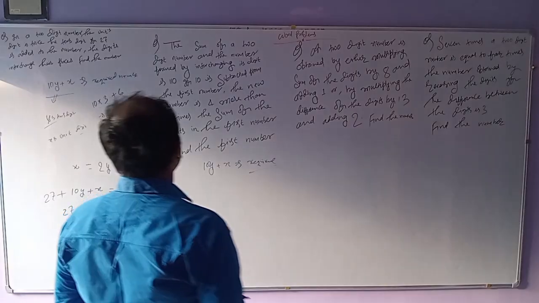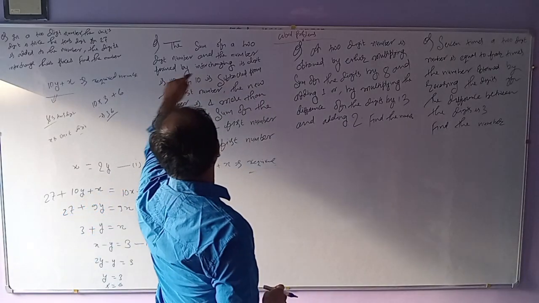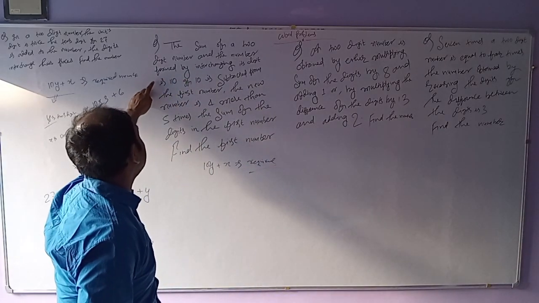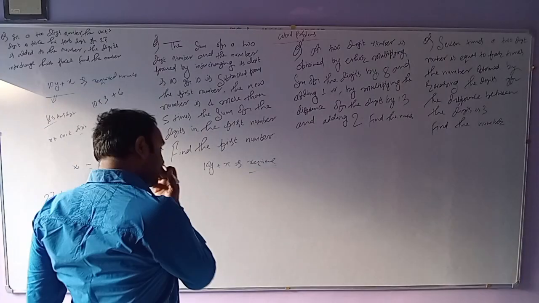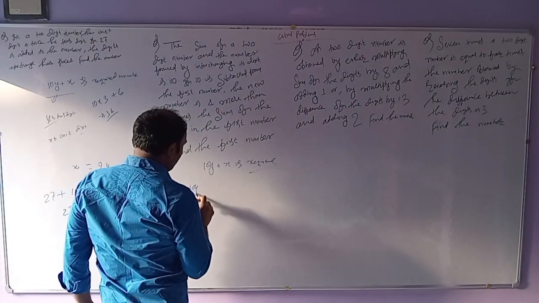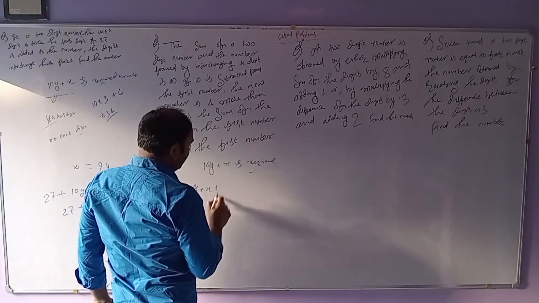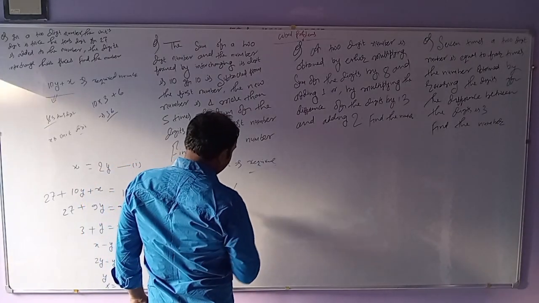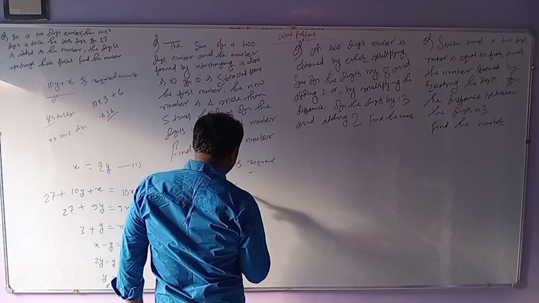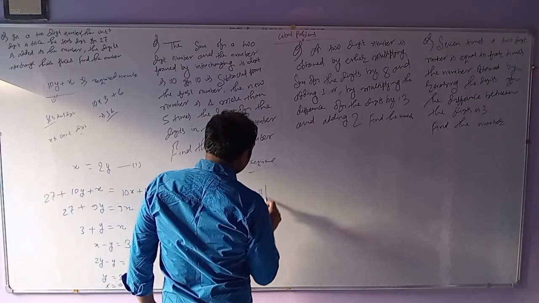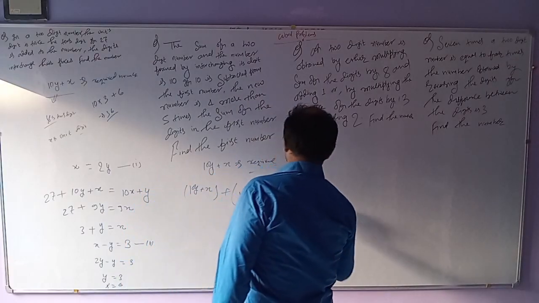The sum of the two-digit number and the number formed by interchanging the digits is 110. So the number is 10y plus x, and its sum with the interchanged number 10x plus y becomes 110.